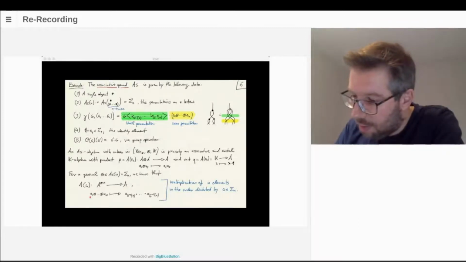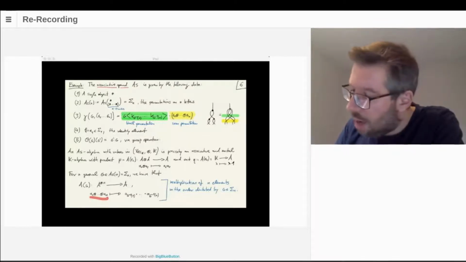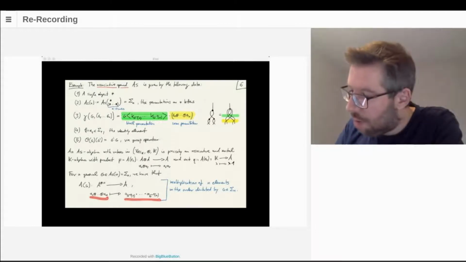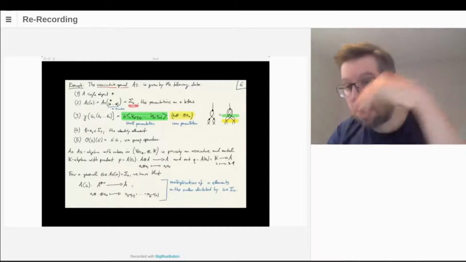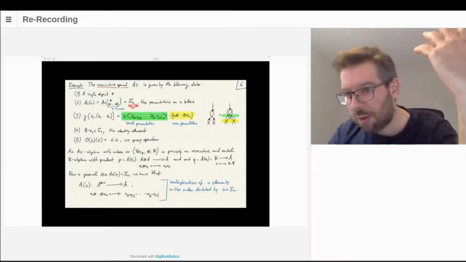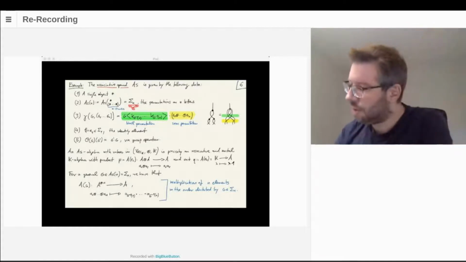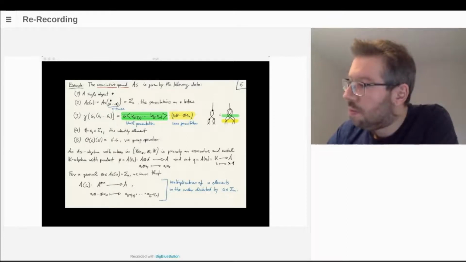It takes a family of elements a_1 to a_n, and it multiplies them in the order dictated by the permutation. So you should think of this permutation, representing an n-to-1 operation, as telling you an order in which you multiply your algebra elements. So this is, I think, relatively easy going.